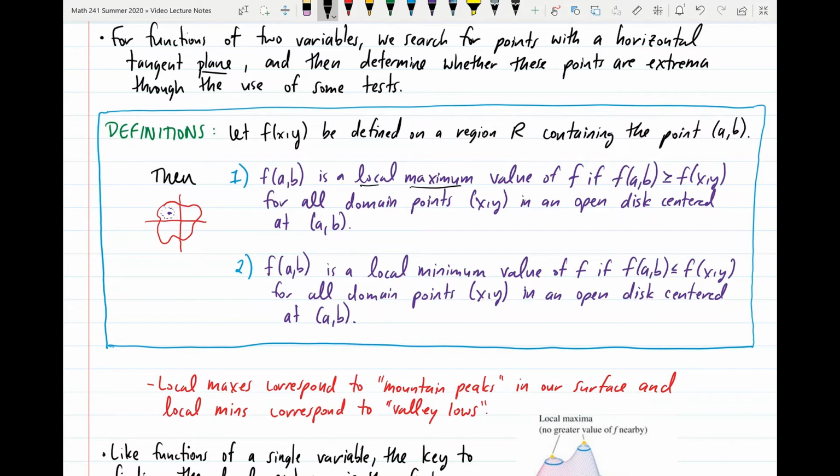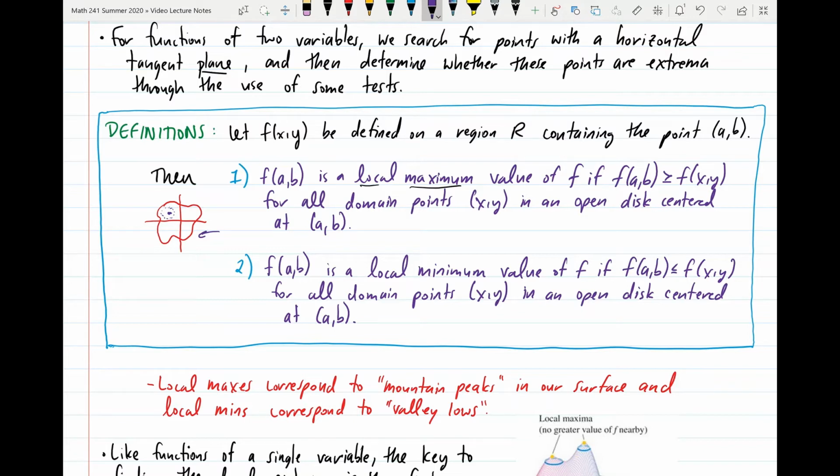So if you want to think about this pictorially, you can look over to the left where I have this little diagram here. We have a region R, which is the enclosed loop in red inside of the plane on which our function is defined. And then we have a purple point inside, which is the point a b.